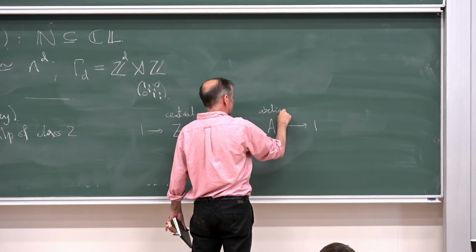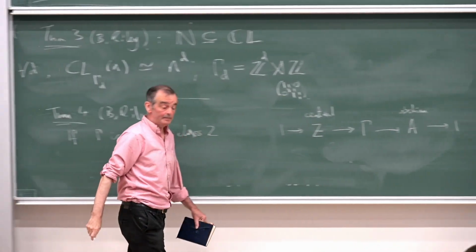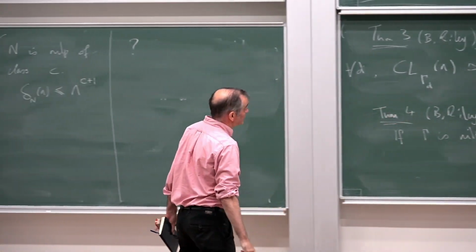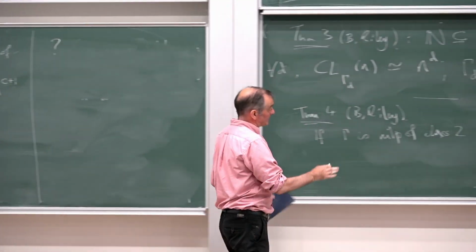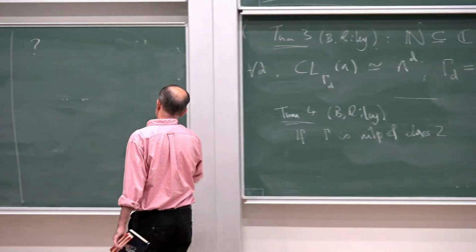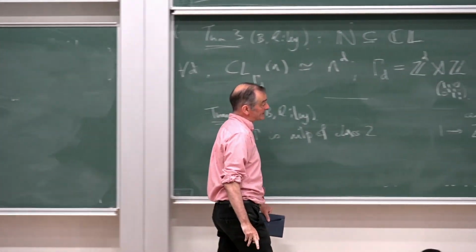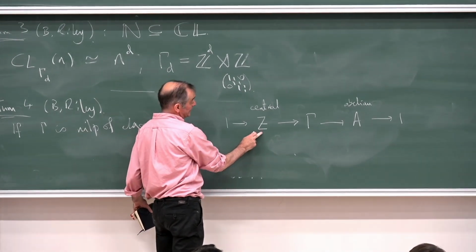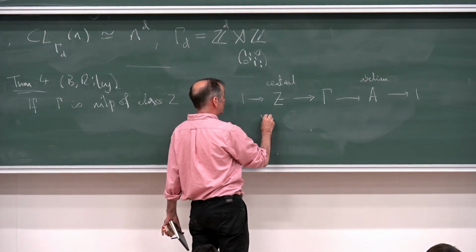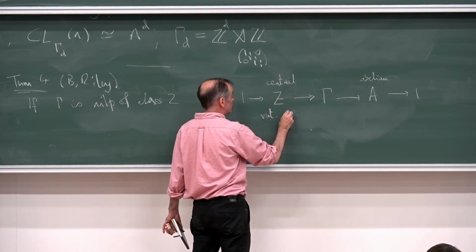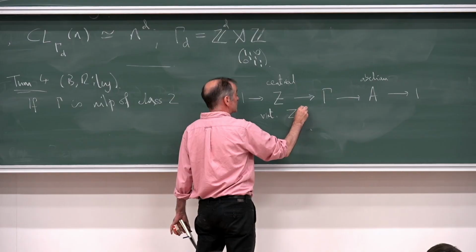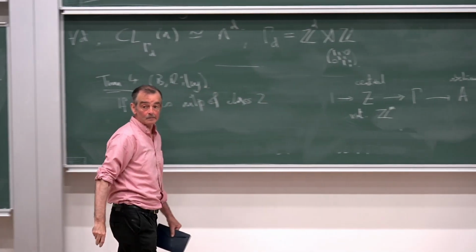Okay, that's what a two-step nilpotent group looks like, a central extension with an abelian group. Now, if I was doing Dehn functions, I would now just say the Dehn function is at most cubic. But here it's going to matter what this is here. And suppose this is virtually torsion-free of rank m.